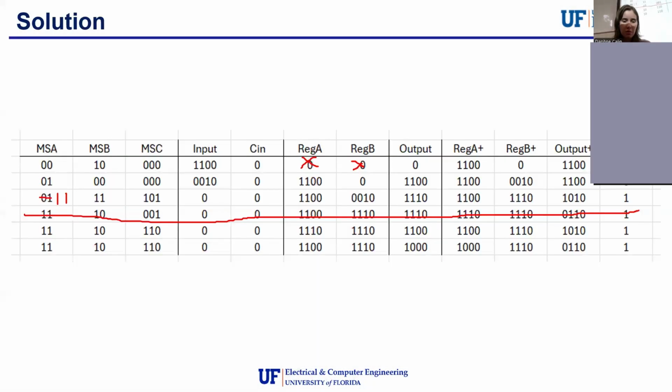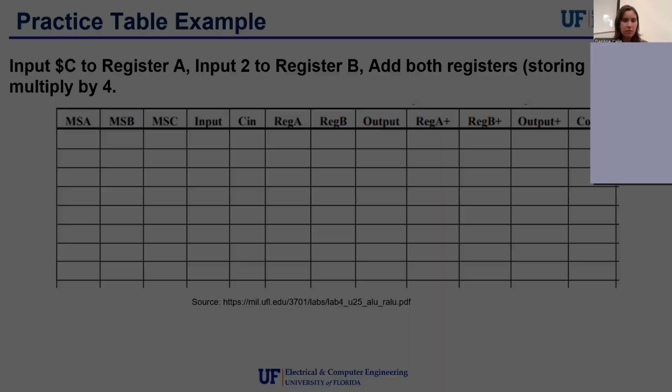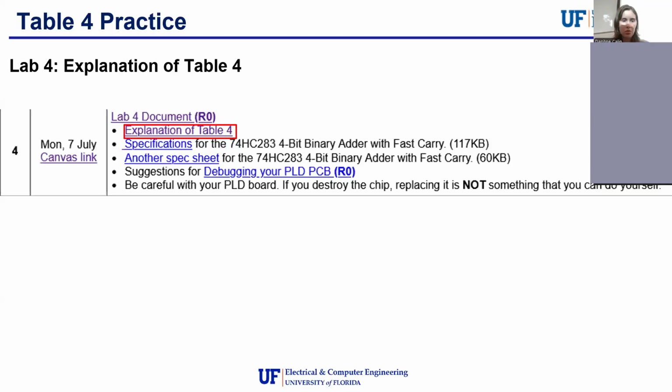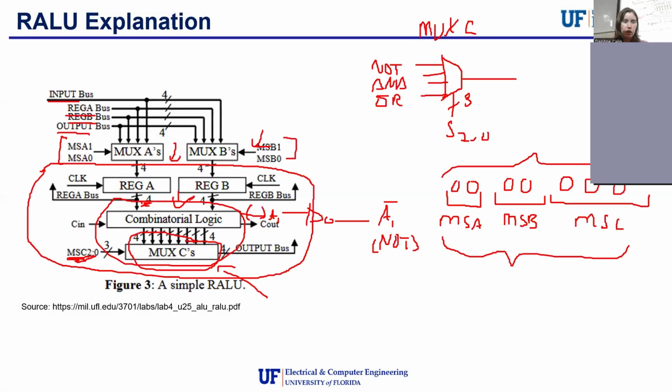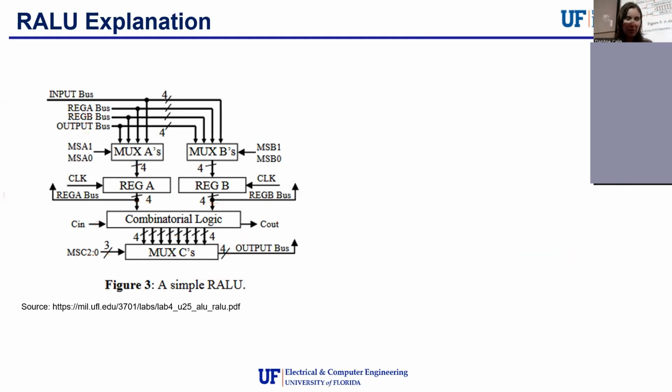Another thing I wanted to mention: you're going to have to expand the block diagram for this. For this lab, you have to make a PDF of this RALU, and I think what you have to do is make labels for these internal signals.